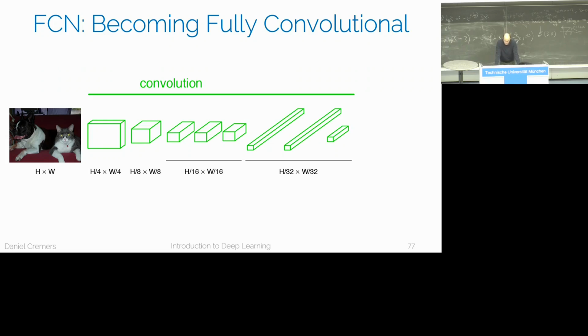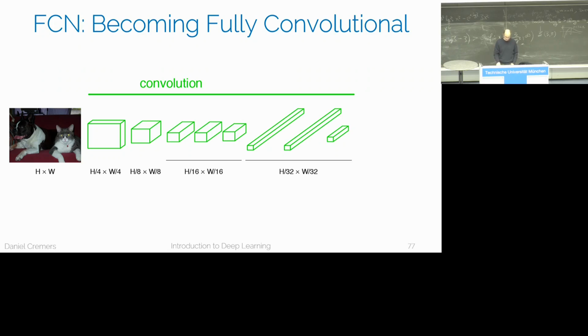But what you can also do is you can apply just convolutions all the way through. And once you apply just convolutional filters, since these are being slid over the image, it doesn't really matter how many pixels your image has, right? A convolutional filter you can run on any resolution image.